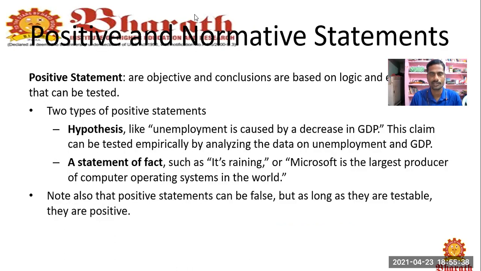Positive and normative statements are there in economics. In social sciences, we use normative statements. What ought to be? If the poor people may get welfare benefits from the government without paying anything, if a rich person pays more, the government can spend more on poor people.